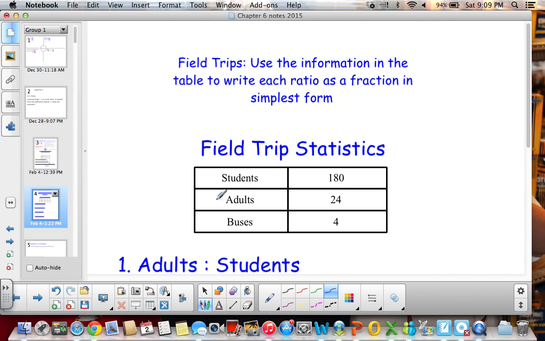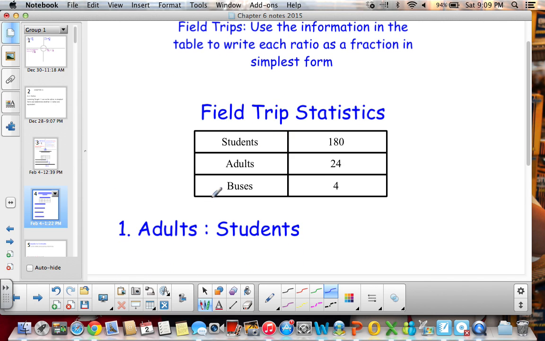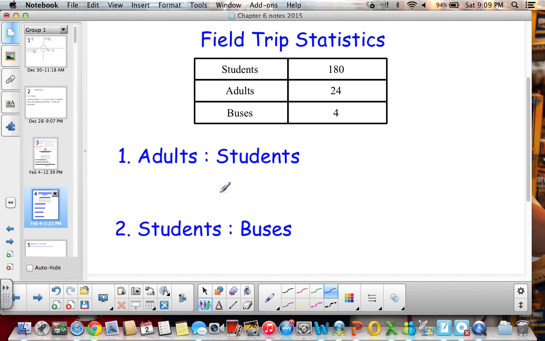Alright, use the information in the table to write each ratio as a fraction in simplest form. So field trip statistics. If we were going to write how many adults to students, I'm going to write a ratio with the colon.